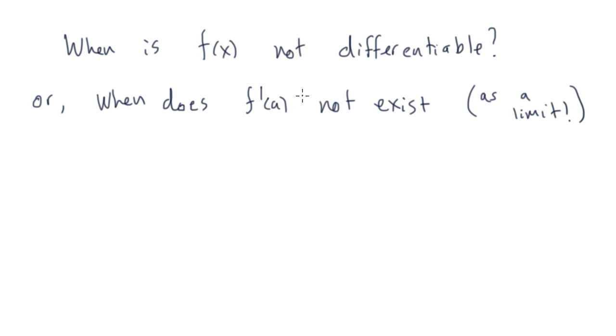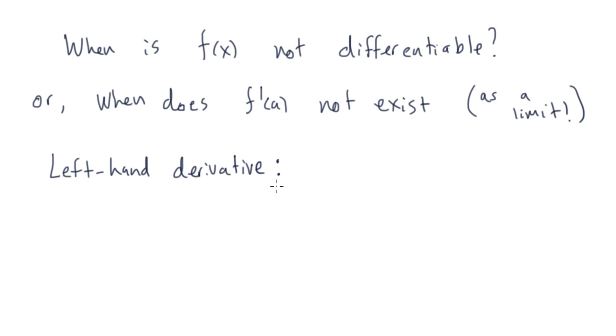So we're going to introduce some more terminology, but it's really nothing new. We're going to define what's called the left-hand derivative, and if you're really tracking, you're going to know exactly what this is.